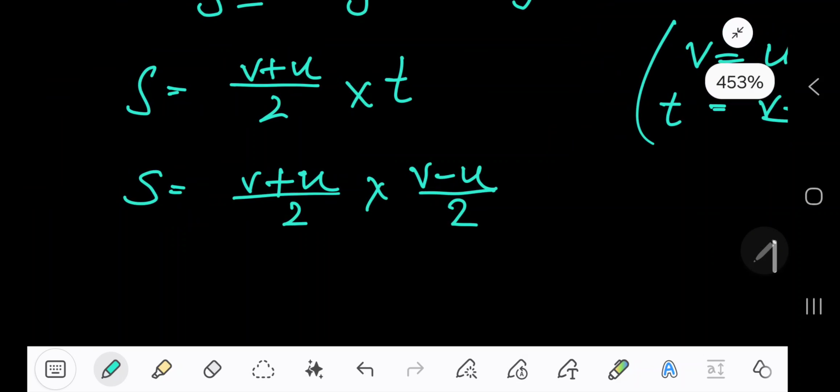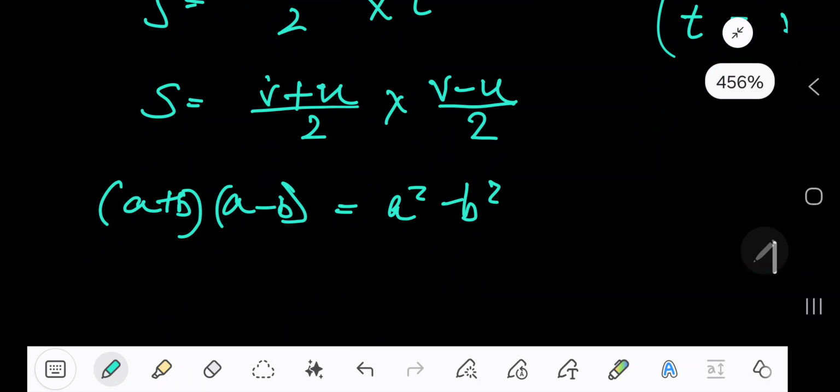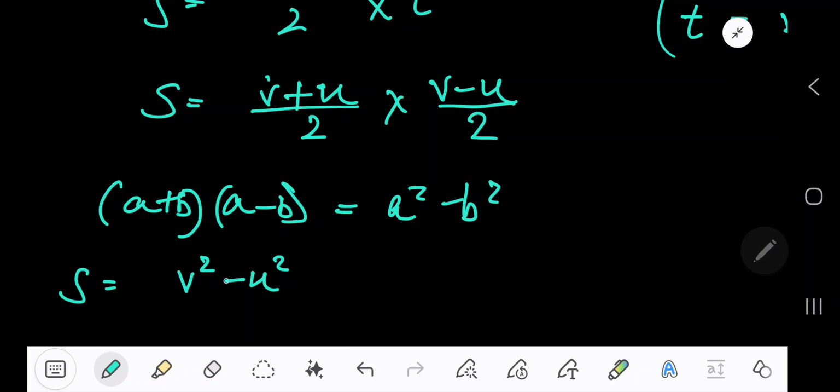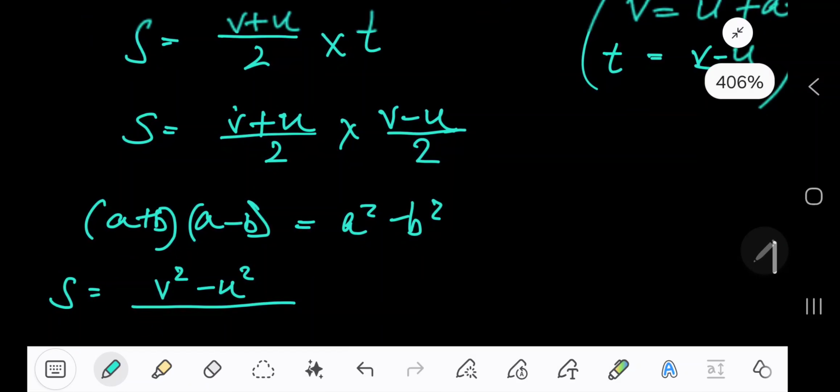So what do we have here? If we take a plus b times a minus b, the algebraic property, a plus b times a minus b equals a square minus b square. For the numerator of these fractions, we'll get v square minus u square, v being a and u being b, divided by, I wrote 2 here, this should be a.